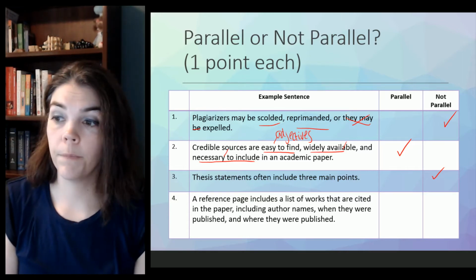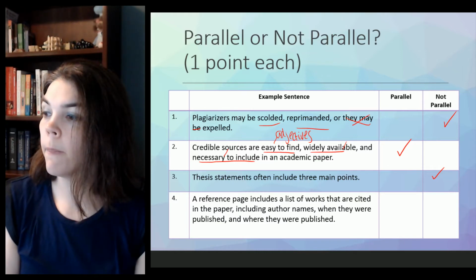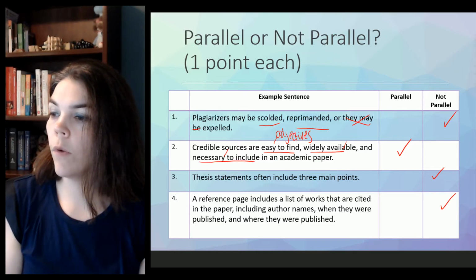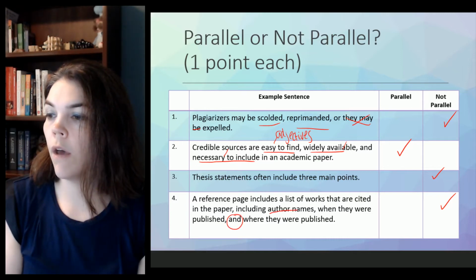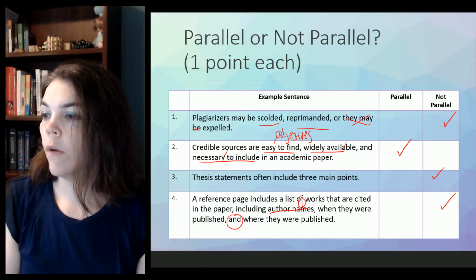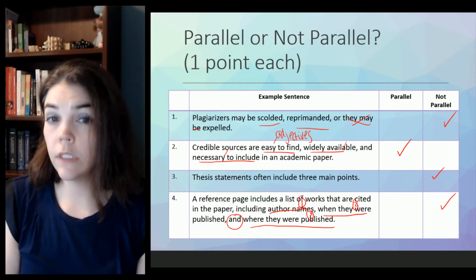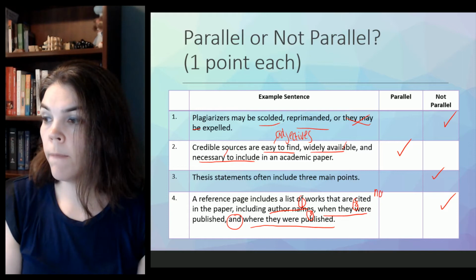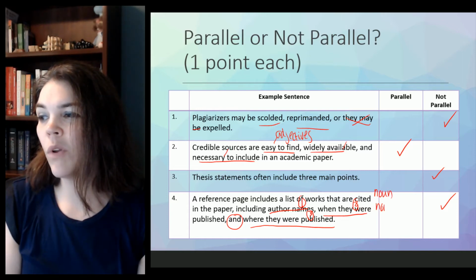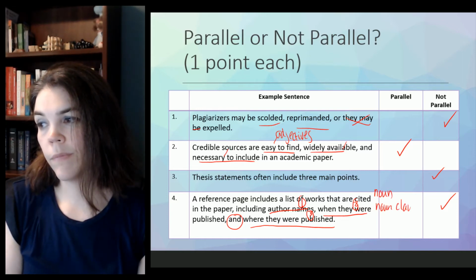How about here? This one is not parallel. Let's take a look. So what's being connected here are these last 3 things, including author names, 1, when they were published, 2, and where they were published, 3. So here it's a little difficult to see. We have a noun, then we have a noun clause. We have 2 noun clauses.